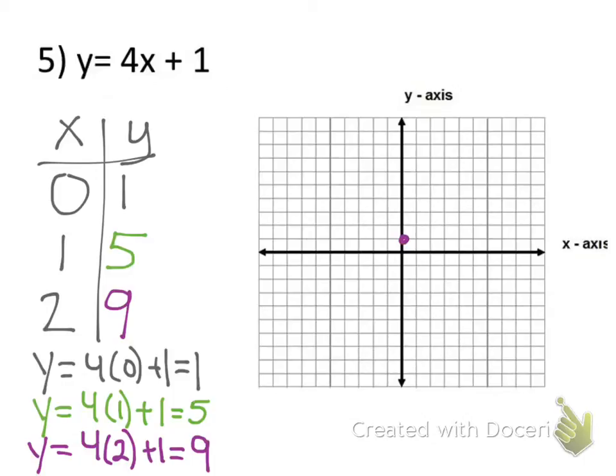I go right 1, up 5. And then I go right 2, up 9. So this one's a little steeper, but it's still a straight line. So connect the dots. Go a little farther in both directions and put arrows on the end. What are your questions?